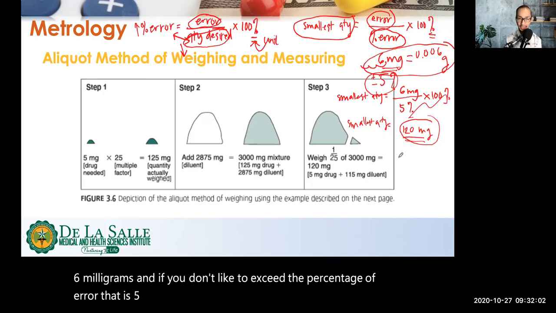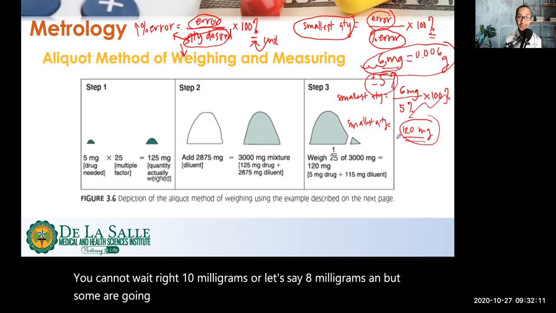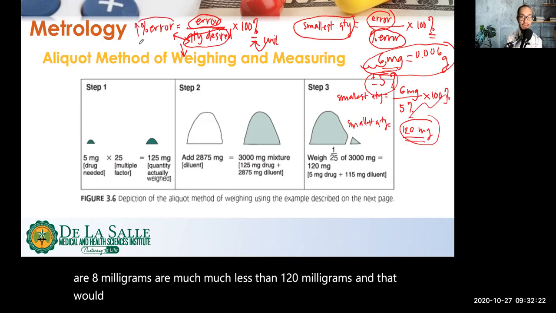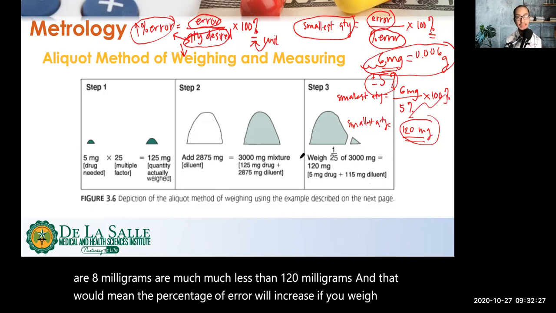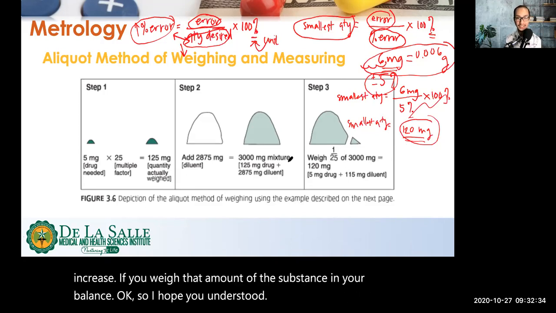You cannot weigh 10 milligrams or 8 milligrams of a substance, because these are much, much less than 120 milligrams. That would mean the percentage of error will increase if you weigh that amount of the substance in your balance. I hope you understood that part of this discussion.